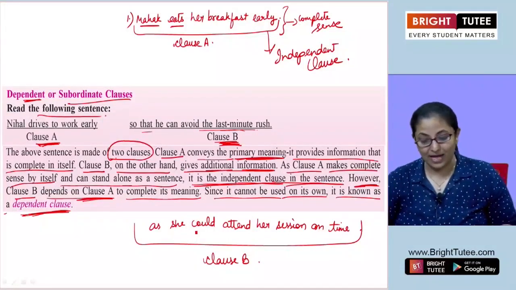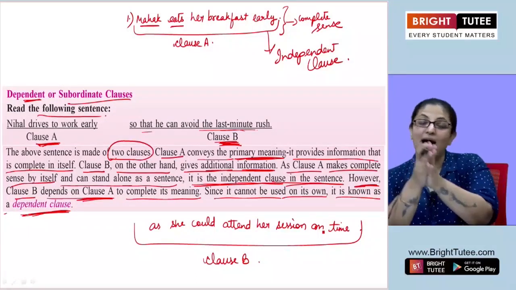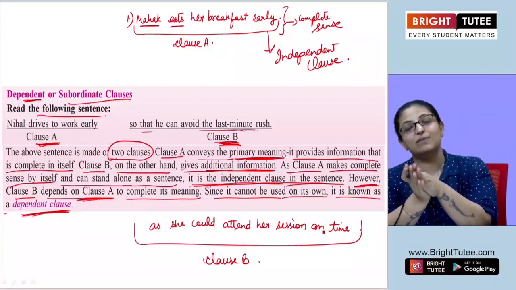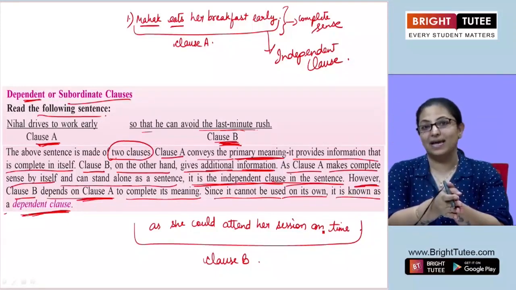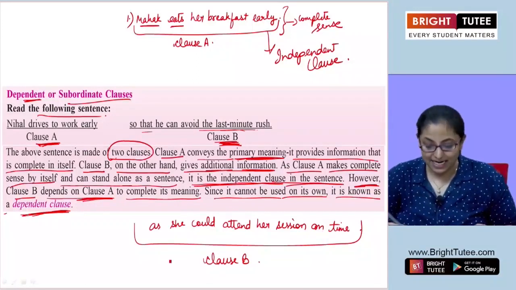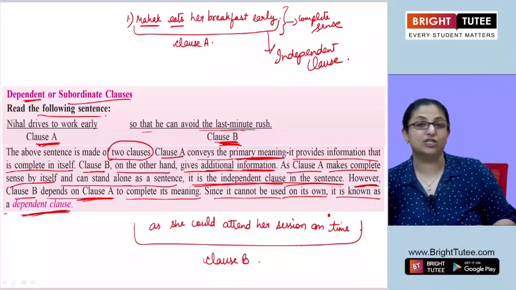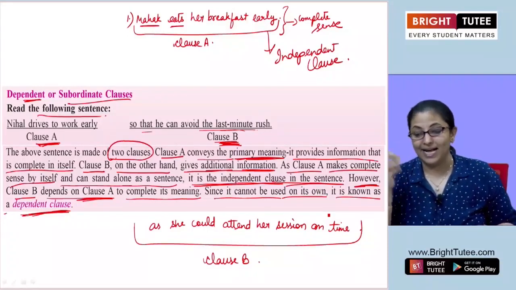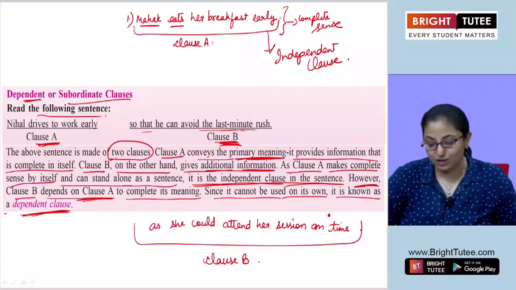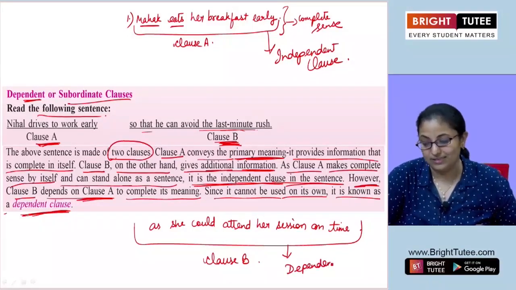Why? So that she could attend her session on time. So clause B is giving more information about clause A. Clause B is dependent on clause A. It is not independent. It does not make complete sense. As she could attend her session on time. This cannot stand on its own, right? It is dependent on clause A. So this is a dependent clause.